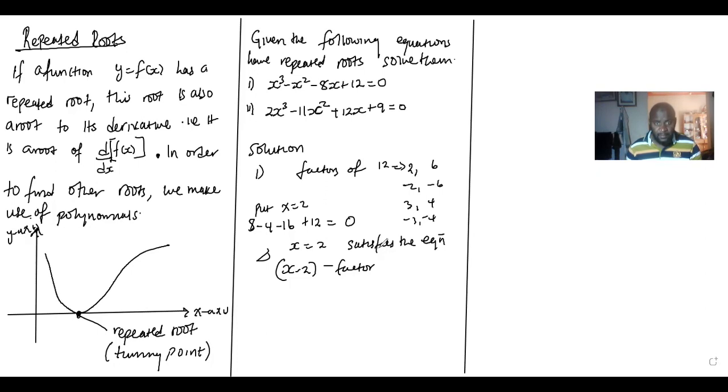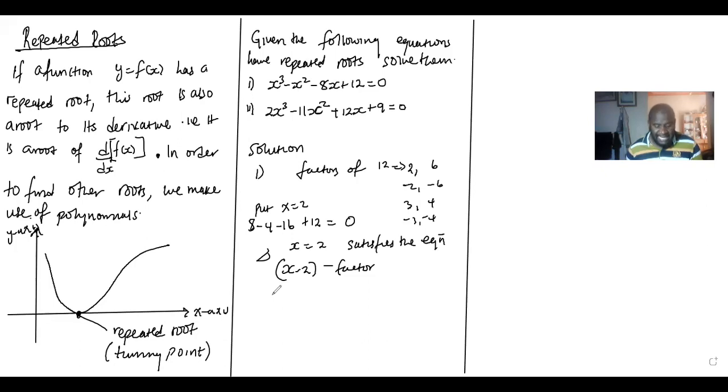What has it given you? Only gives me that 2. It means the 2 is repeated. Now, if 2 is repeated, what does that mean?